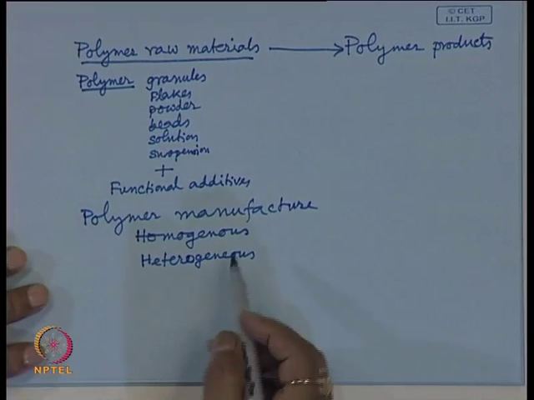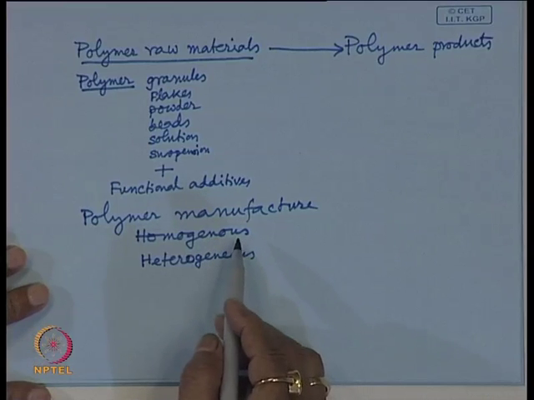Sometimes this manufacturing system may be initially homogeneous, but in a later stage it becomes heterogeneous. We shall discuss those things.